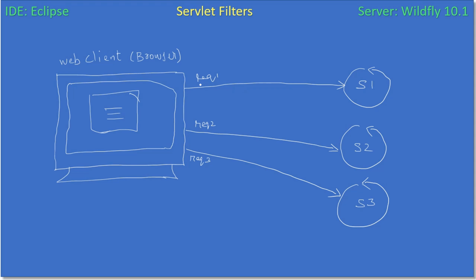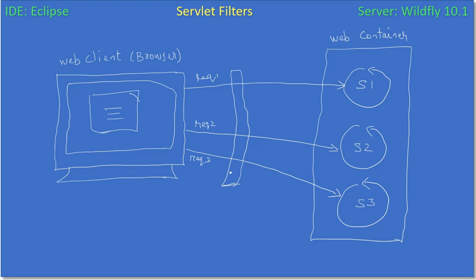The request originates from the browser and goes to the web container, in which the servlets are running. Filters are useful to intermediate this request and do some modification.